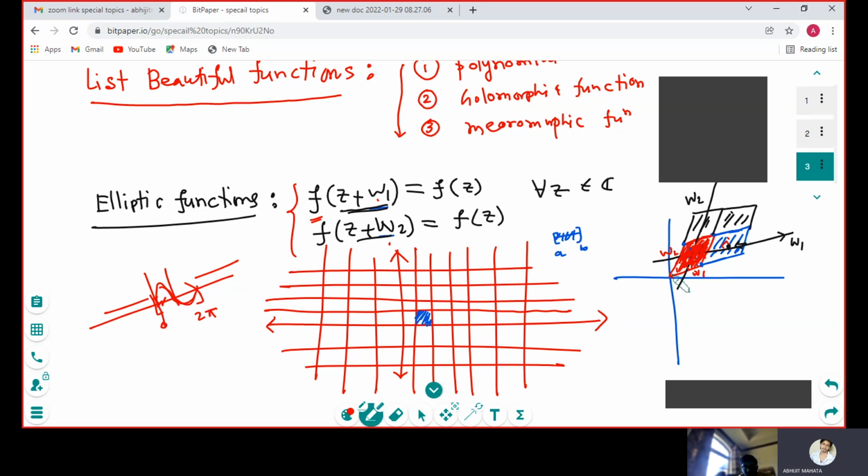Just I'm telling you, all the real concepts you can shift to complex concepts. But here you have a few nice theories. The course is designed this way so that you will not cover everything deeply, you just get an overview, right? So I'm telling you the research-oriented areas, like polynomial, holomorphic, meromorphic.